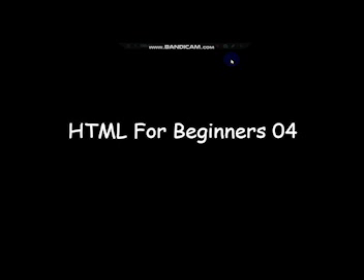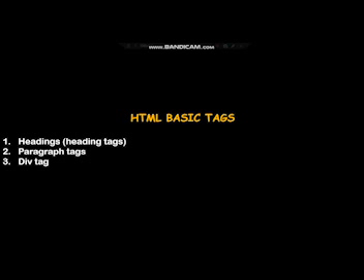So hello everyone and welcome to HTML for Beginners lesson 4, and today we're talking about HTML basic tags. HTML basic tags are simply the tags that you mostly use or that you need to know, your basic tags which are very common.